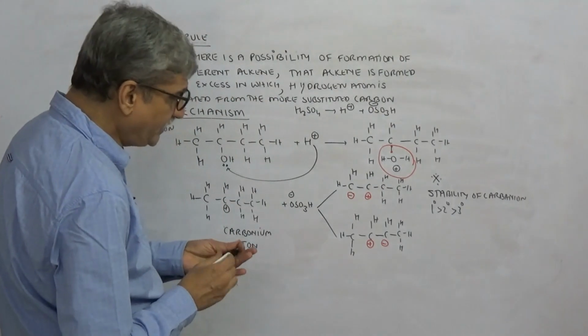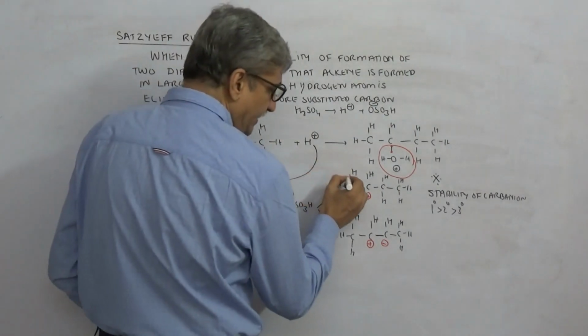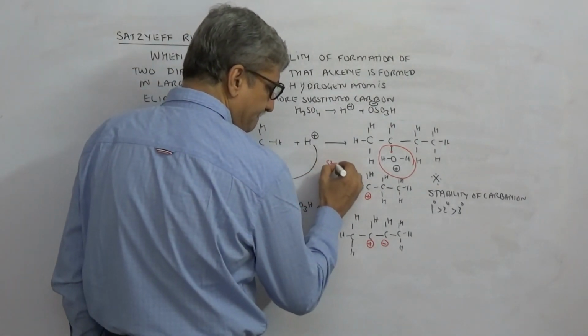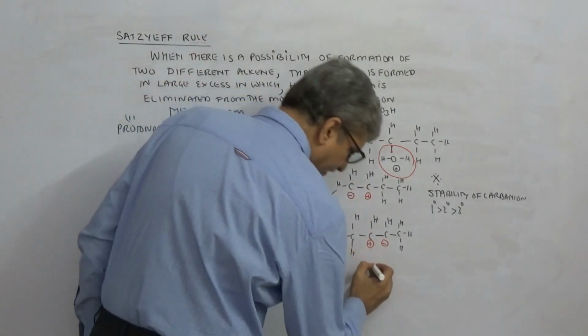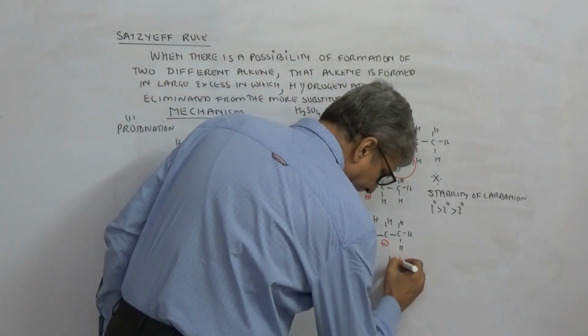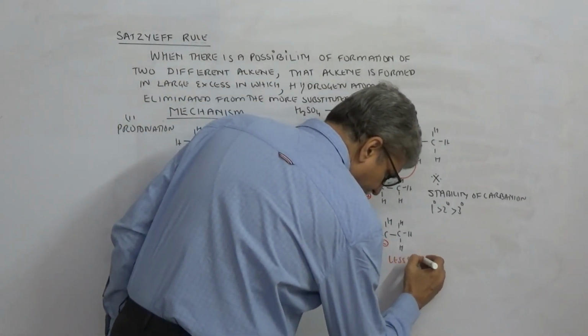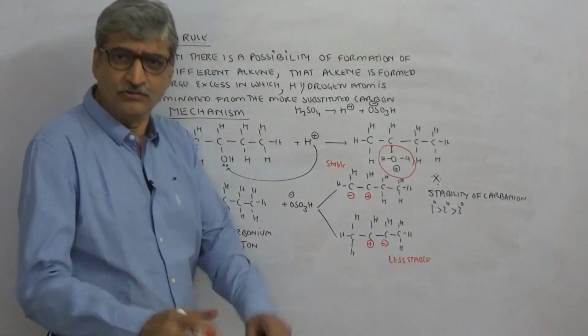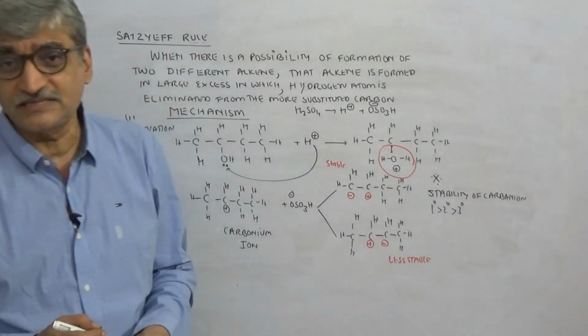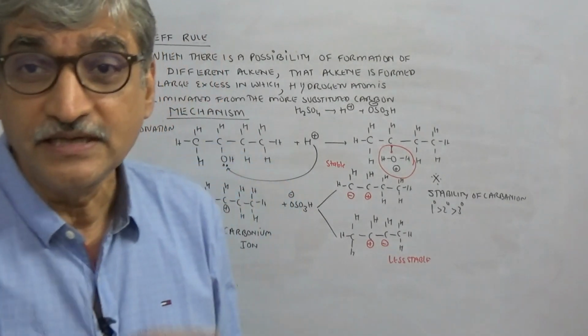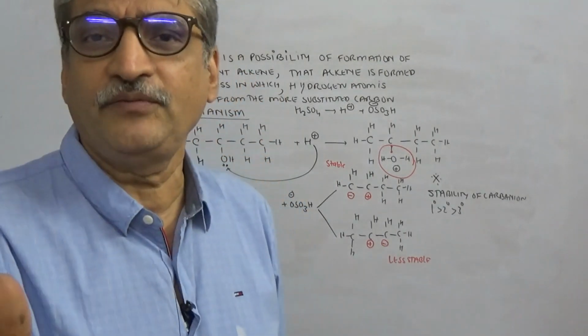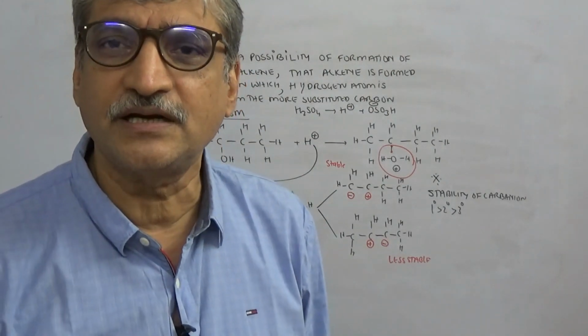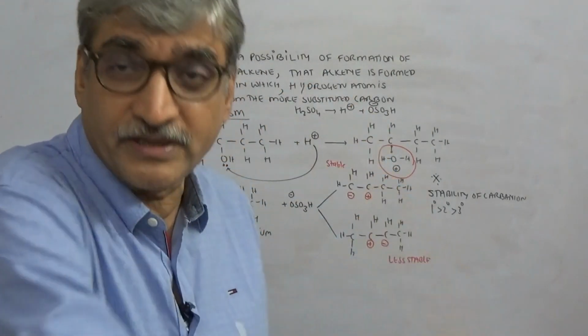So obviously what do you get? This carbanion is more stable and this carbanion is less stable. Because it is less stable, what is it going to do? It's going to lose its electron. So every time, it's not the stability which is taken into consideration. Sometimes it's the instability of a molecule which could result in formation of a certain product. The example of that is over here.